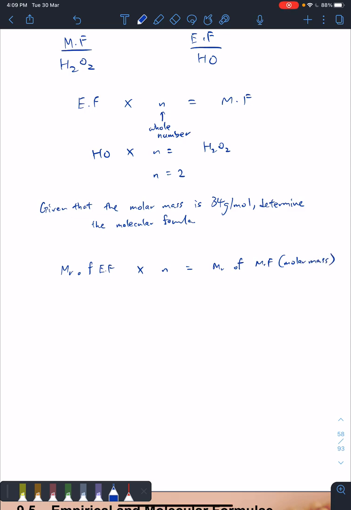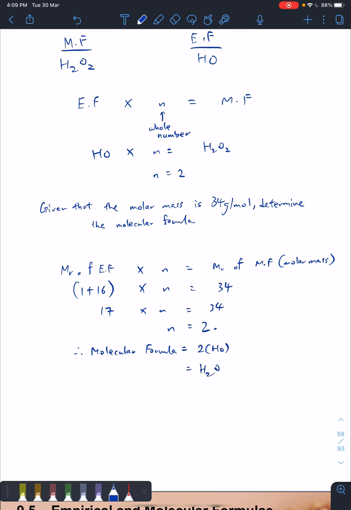In this case, 34 equal to n times, so OH means H plus this. So 17 times n equal to 34 means n equal to 2. Therefore molecular formula is 2 times HO, which is actually H2O2. So this is where you get your mark.